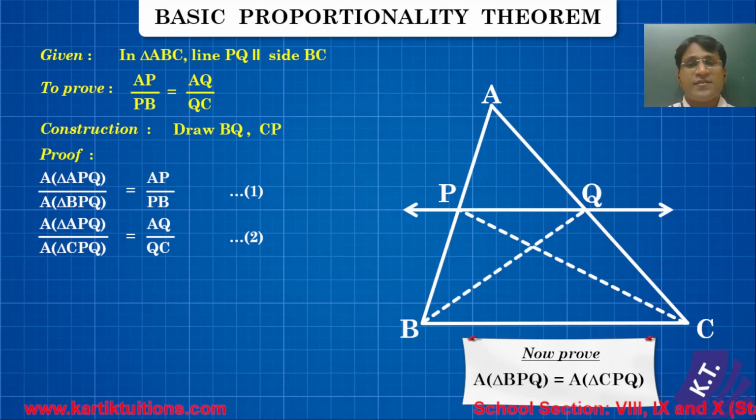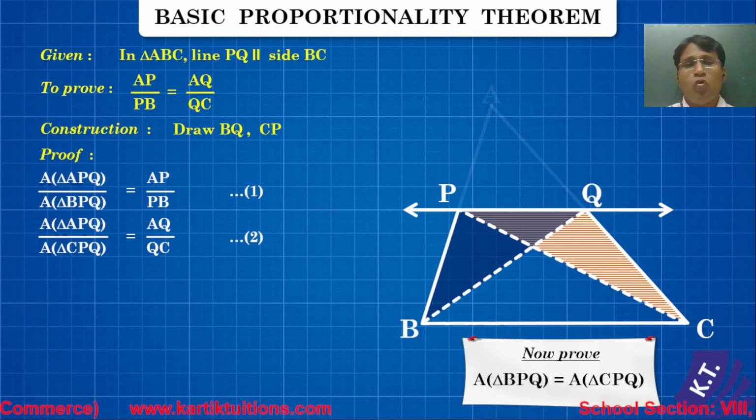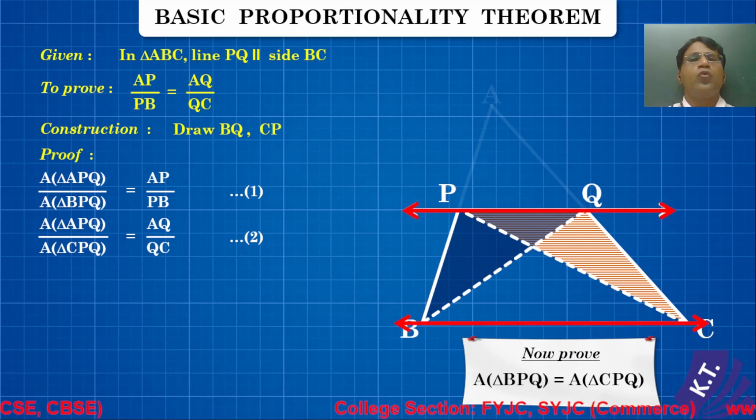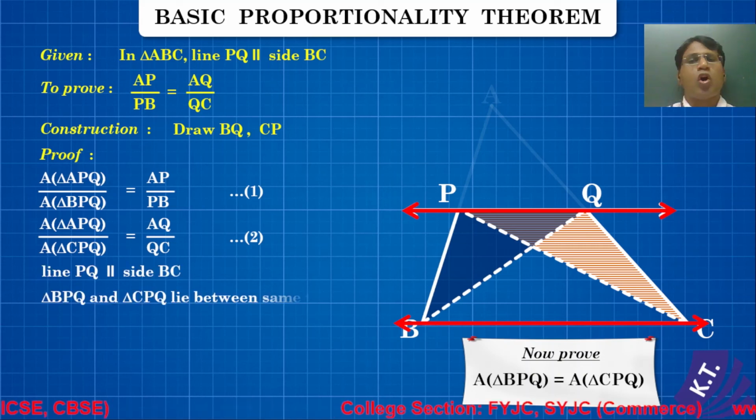Now let's see the triangles in the figure. Now see, when I say triangle BPQ, that is this triangle, and triangle CPQ, that is this triangle. Now these two triangles are lying between two parallels. Sir, how do you know? Arey, we have given that PQ is parallel to BC. So both the triangles will have equal heights. Why? Because they are lying between two parallel lines. And if you observe carefully, they have a common base.